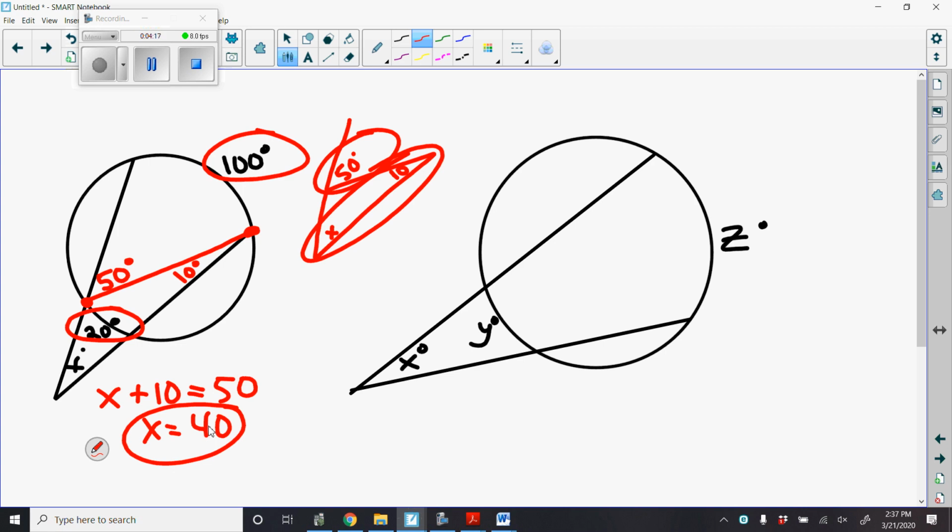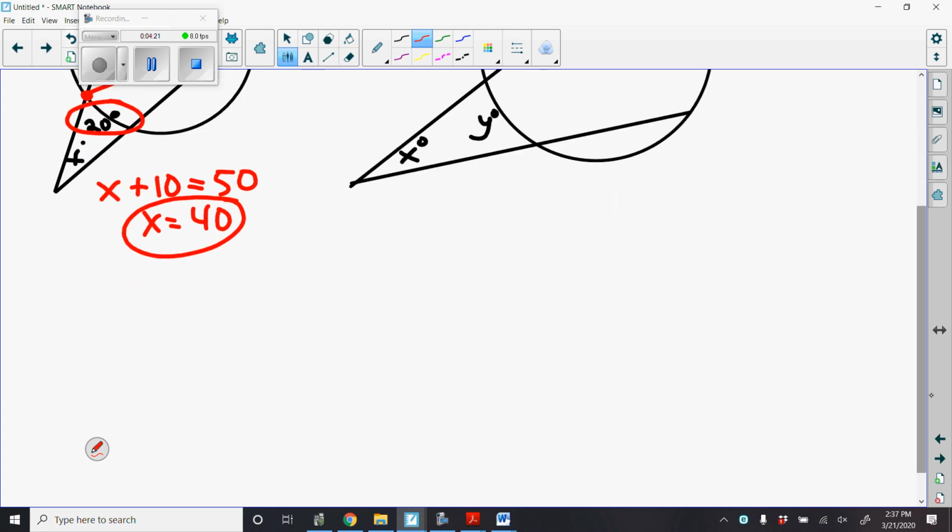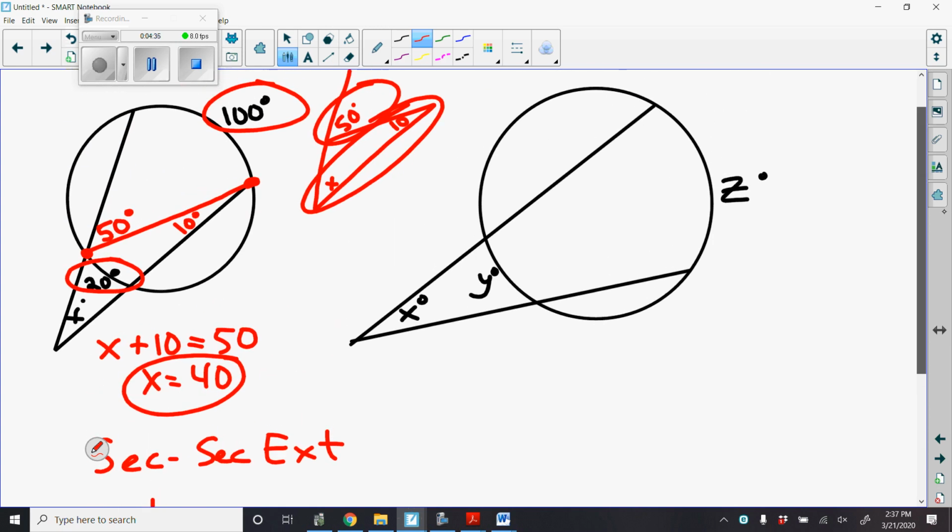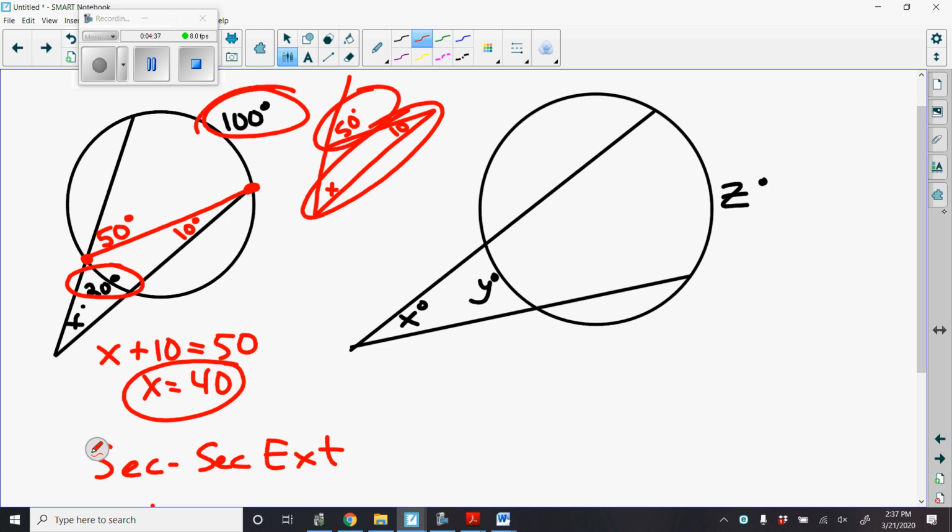So here's the rule for secant secant exterior. The rule is angle equals... now, if you notice, we have to do big bend, right?